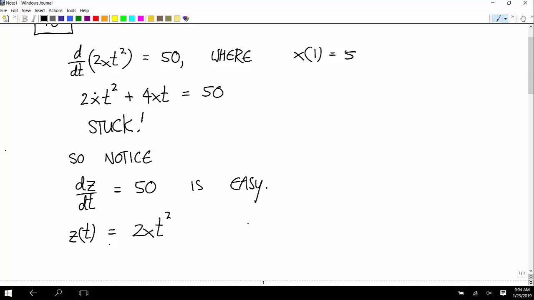So x of 1 is equal to 5 now becomes, we're going to choose the value of t to be 1 and the value of x to be 5, and we get 2 times 5 times 1 squared is equal to 10.